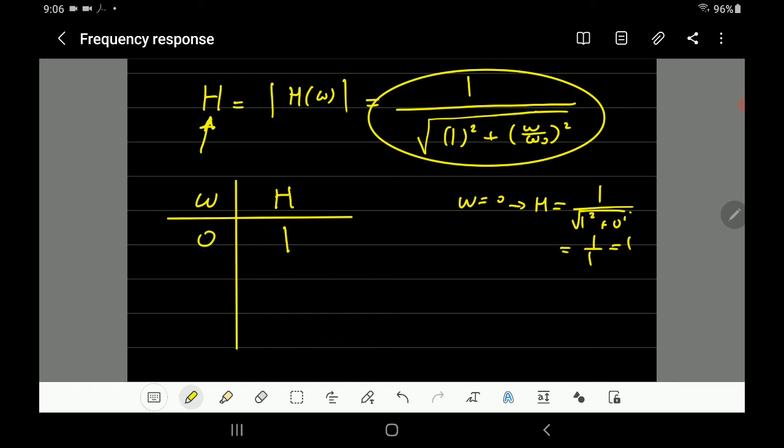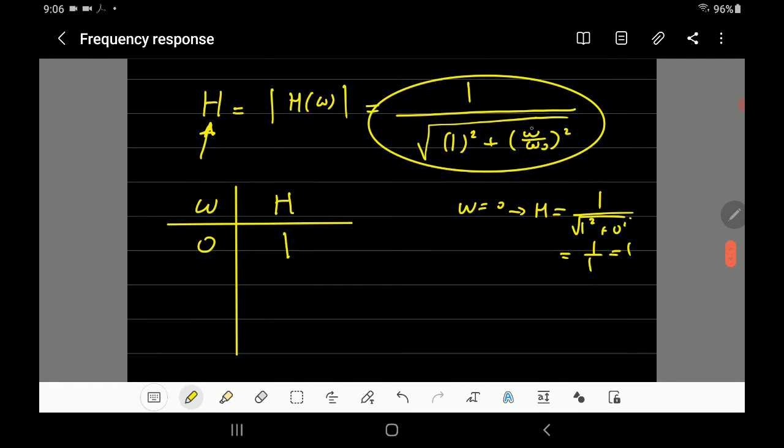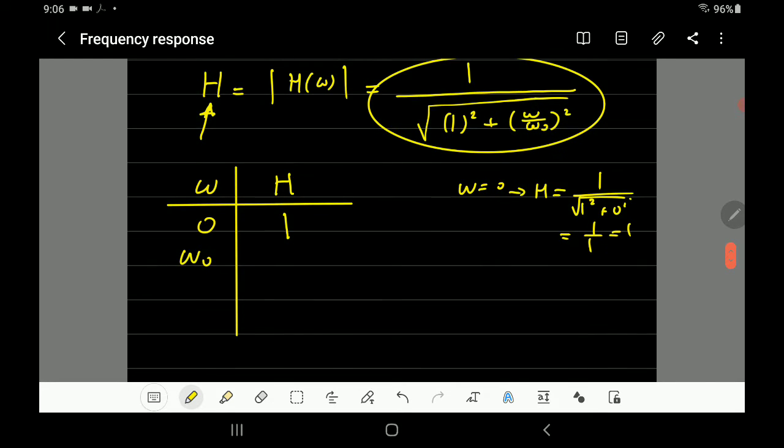Okay. What about if omega equals omega naught? When omega is equal to omega naught, H will be equal to 1 over the square root of 1 squared, which is 1, plus omega over omega naught, which is 1 also, squared. So it will be 1 over the square root of 2, which is equal to 0.707. So H will be equal to 0.707.